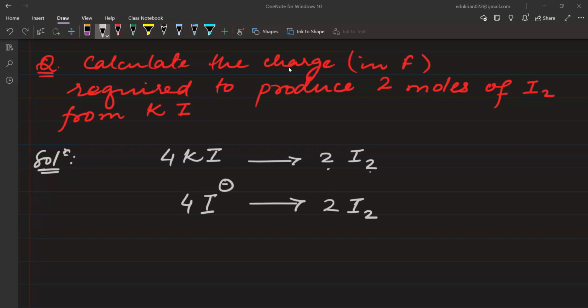And how many electrons will be required? Tell me, how many electrons will be removed 4 I negative से 2 I2 के लिए? कितने इलेक्ट्रॉन लगे होते हैं? How many electrons?